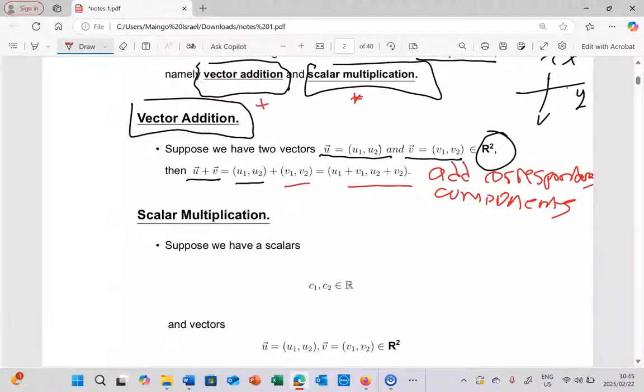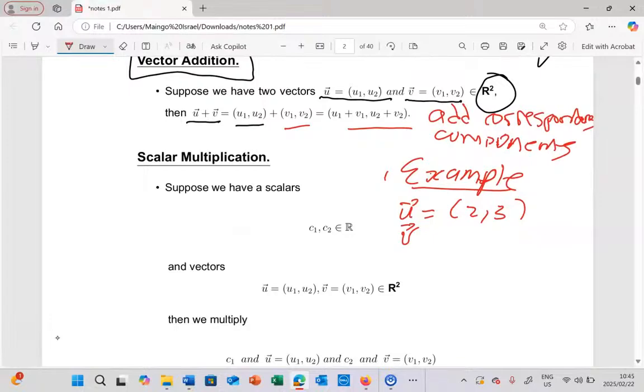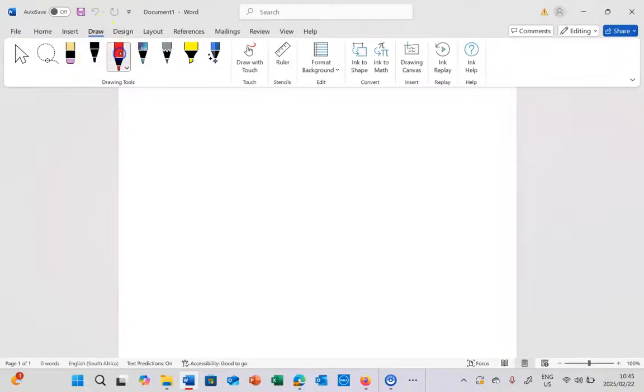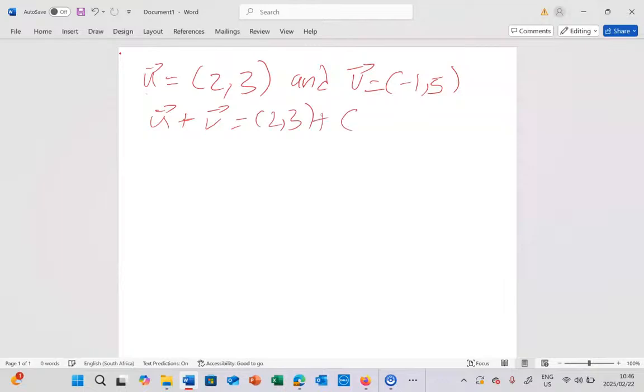That's simple. We can take any two vectors. For example, if we say u is (2, 3), and we say v is (-1, 5), we can add the two vectors like this. u plus v is (2, 3), vectors in R2, plus (-1, 5), which is equal to 2 plus negative 1, then 3 plus 5.